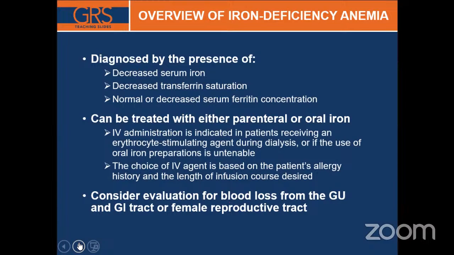IV administration is indicated in patients receiving an erythrocyte stimulating agent during dialysis, or if the use of oral iron preparation is unattainable. The choice of IV agent is based on the patient's allergy history and the length of infusion course desired. Consider evaluation for blood loss from the GI tract or female reproductive tract.